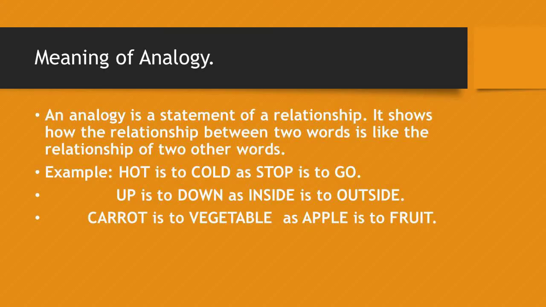Now to begin with, we want to look at the meaning of analogy. An analogy is a statement of a relationship. It shows how the relationship between two words is like the relationship of two other words. And what do I mean by this? An analogy tries to compare two things. Other times, it tries to contrast them.